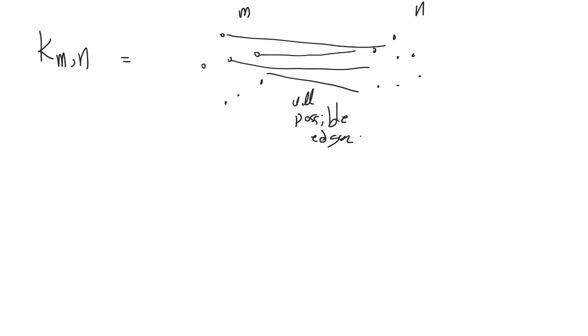So this is called the complete bipartite graph with parameters m and n, K_{m,n}.